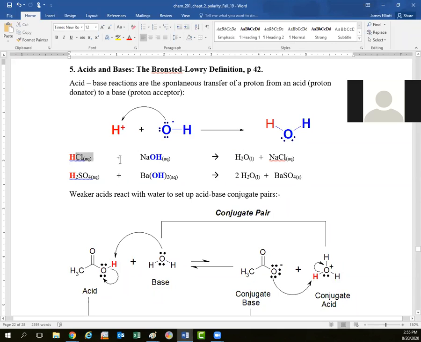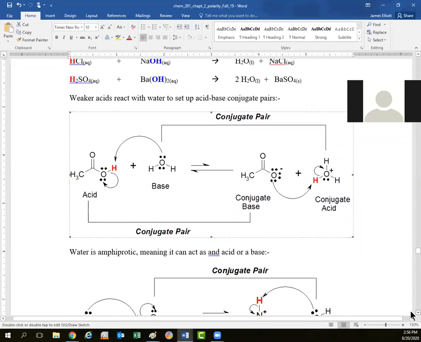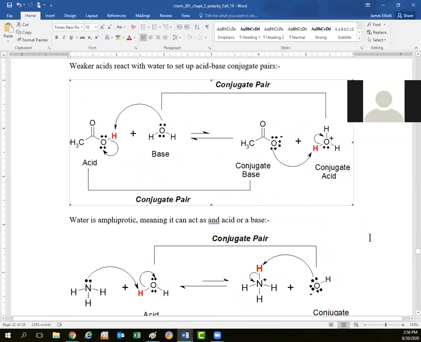So the chlorine with the sodium form our second product, sodium chloride. The sulfate with the barium form our last and second product, barium sulfate. So a proton transfer is the gist of the acid-base reaction according to the Bronsted-Lowry theory.